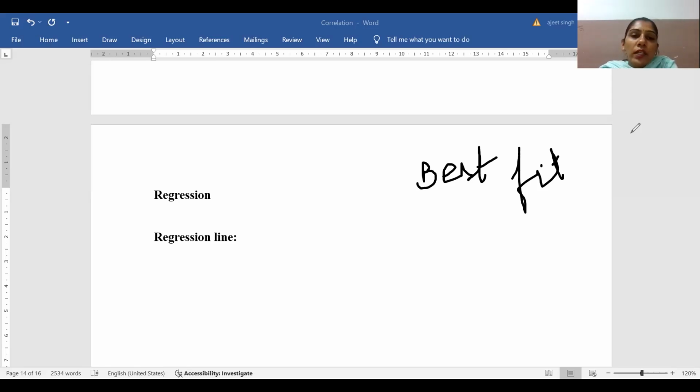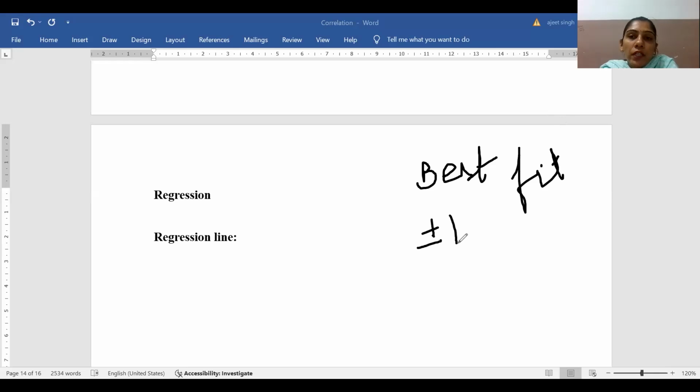But if there is perfectly positive or perfectly negative correlation between the two variables, which we can say is plus or minus 1, then there will be only one line of regression.